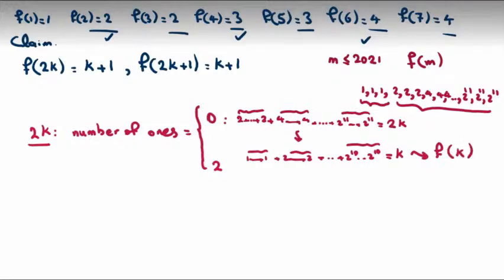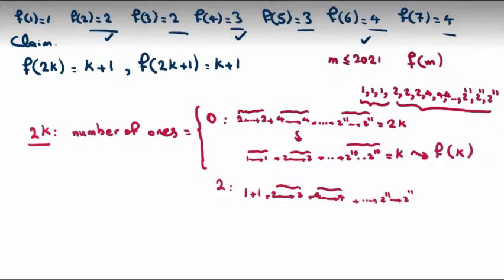And then if you have 2 ones, then again we have exactly 2 ones, some combination of 2s, some combination of 4s, and so on up to some combination of 2 to the 11.